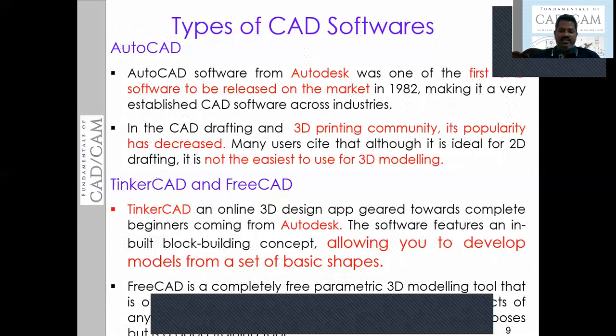Some basic operations are performed to create the 3D model in TinkerCAD as well as FreeCAD. So TinkerCAD and FreeCAD are used to create basic 3D models, not advanced ones.